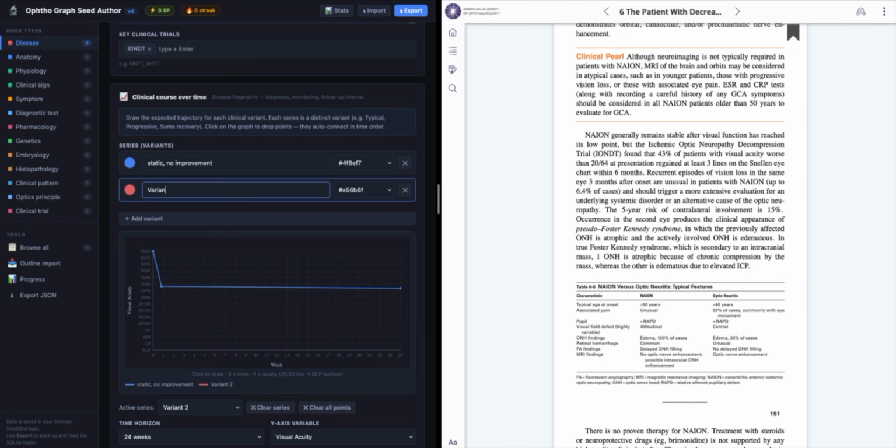The second one might be static, and there is improvement. So it declines initially, but then it improves 1, 2, 3 lines or more, right? And that would be what it looks like over 6 months.